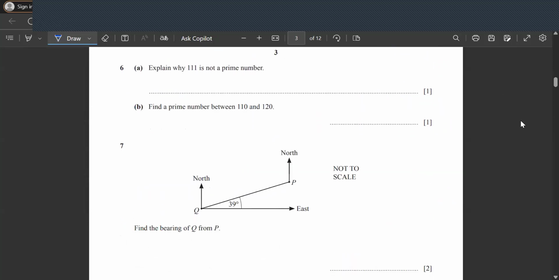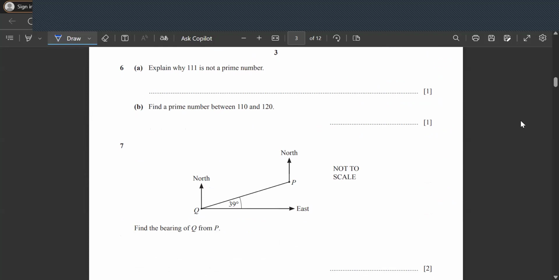And this is also a small question. Explain why 111 is not a prime number. It is divisible by 3.